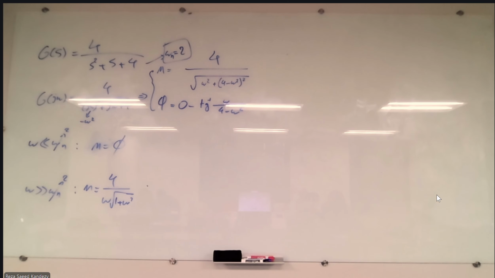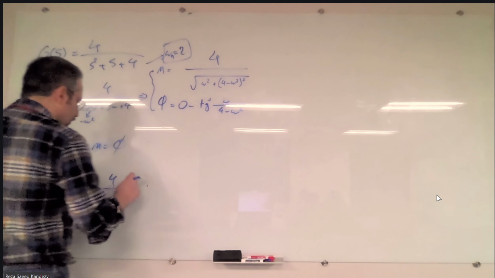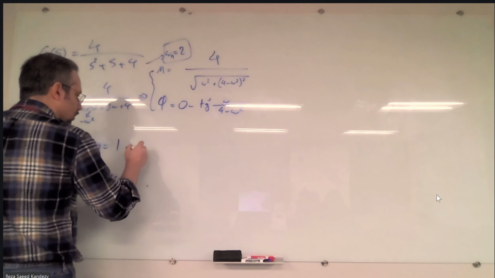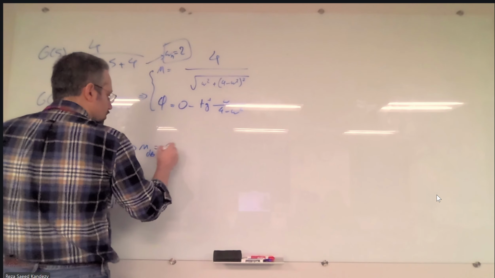Are we good? Now, if that's the case, what would be the actual amplitude in decibel? The 1 in decibel is going to be 0.